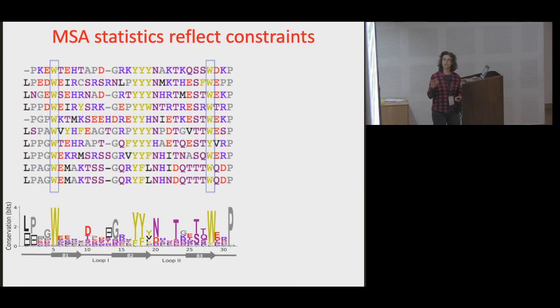So the first statistical feature you can see is the presence of these very conserved amino acids at some positions, and this is extracted by the frequencies of amino acids at each position.